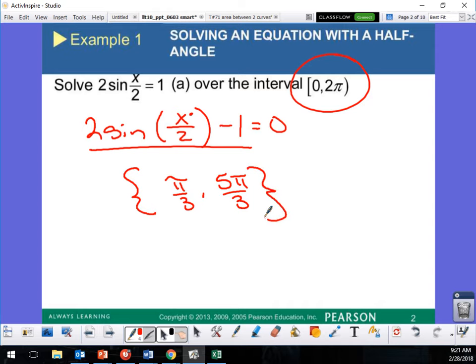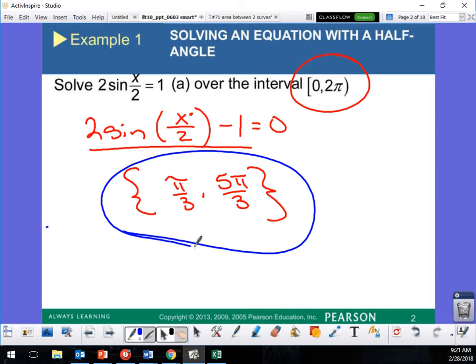Why am I circling it? I already have braces around it. You guys are weirdos about the circling. You know these little things are called solution sets, the answers. Circling it means we're done, it finalizes it, right?